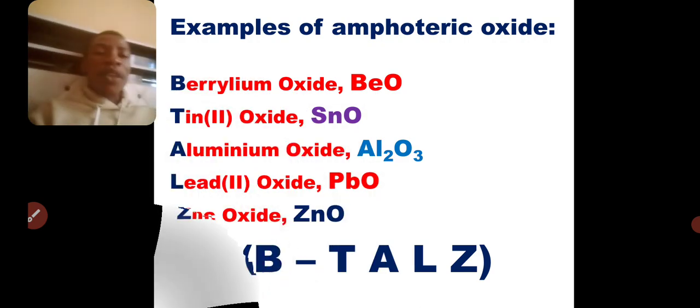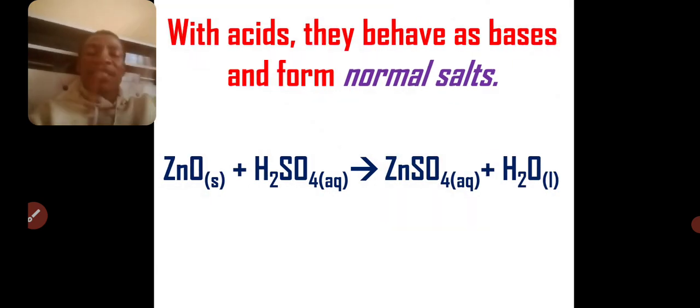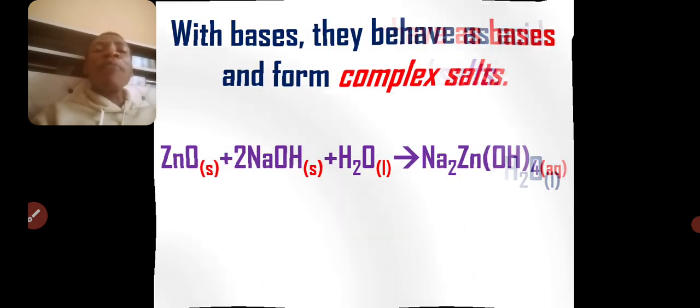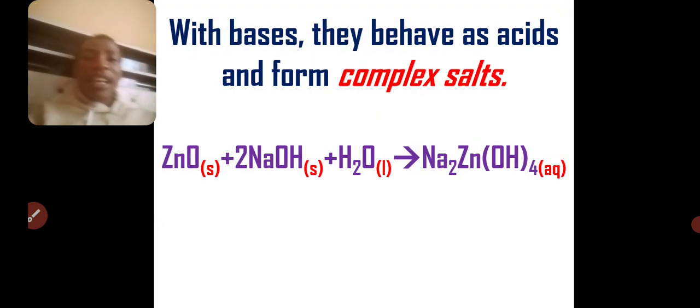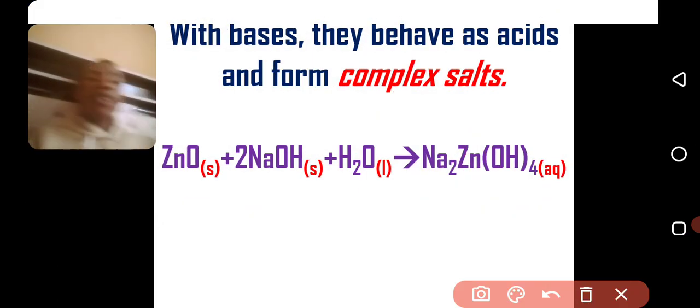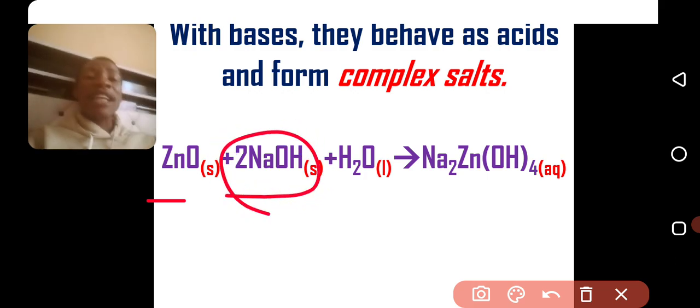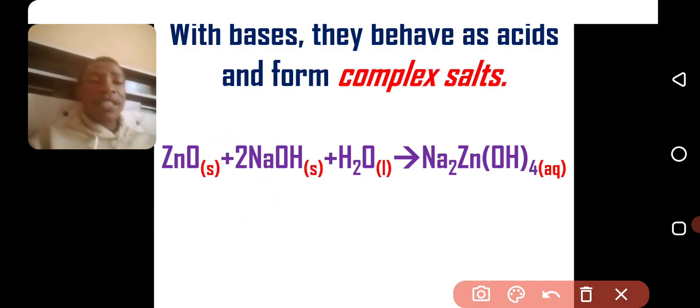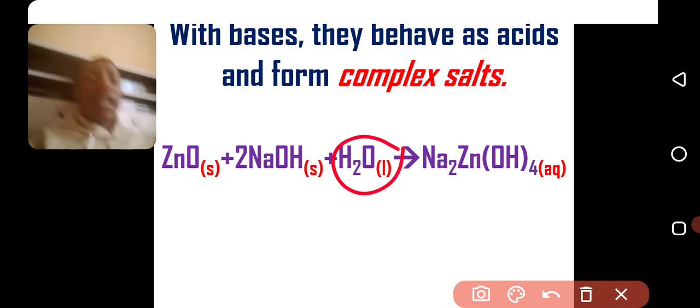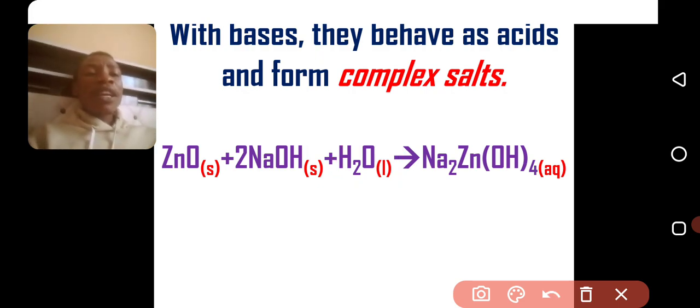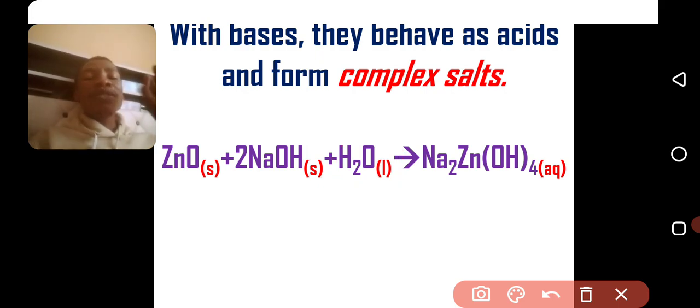Then when they react with a base, they normally form a complex salt. Like in this case now, ZnO reacts with sodium hydroxide, that's an alkali, a base, in the presence of water to give us the tetrahydroxozincate 2 compound of sodium.